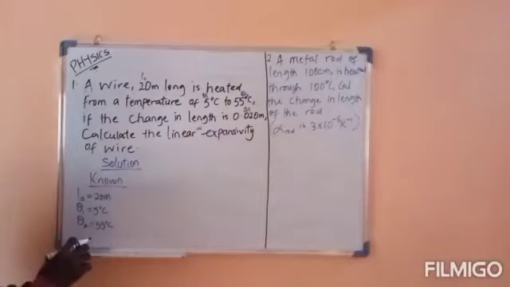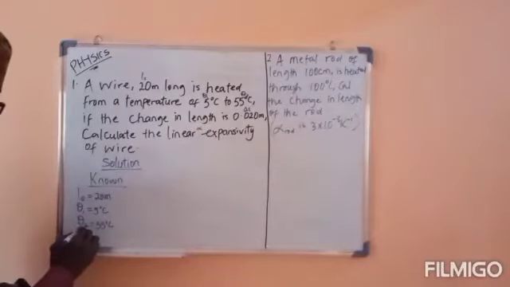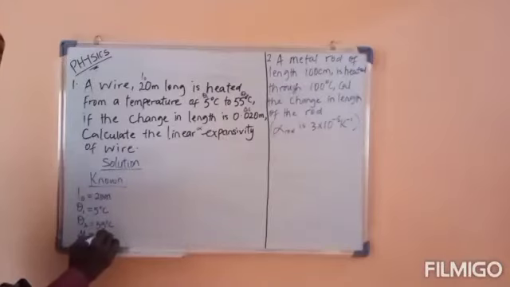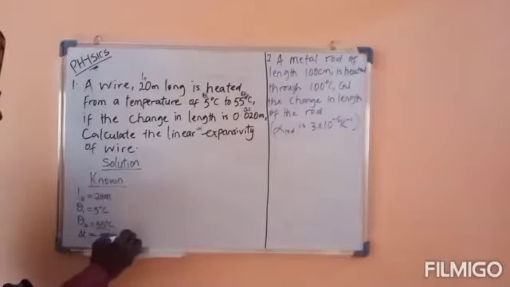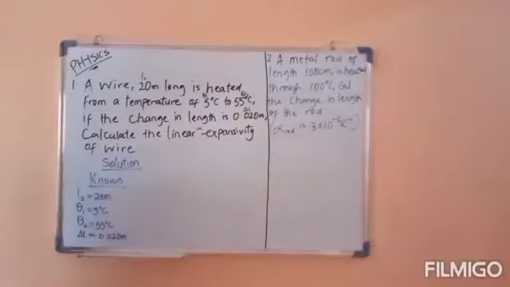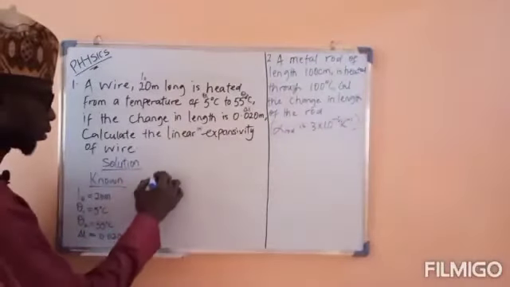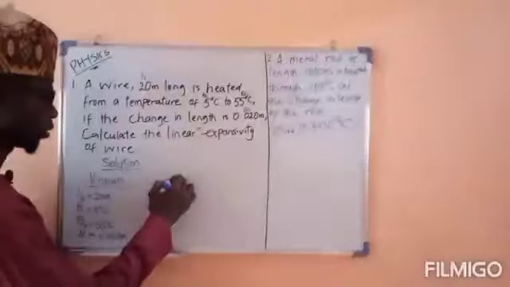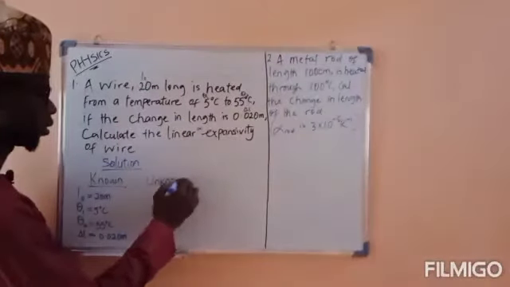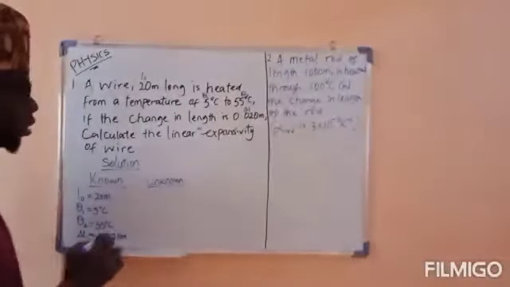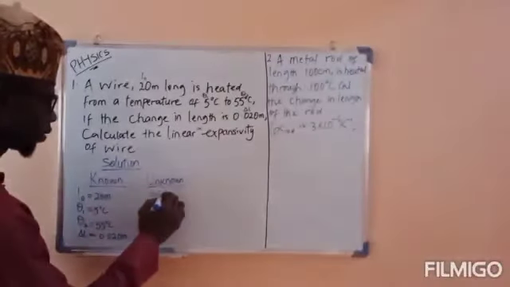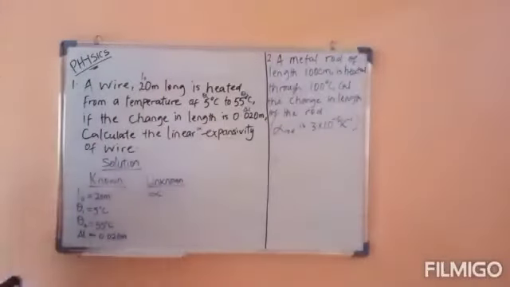Then, what else? Our change in length is 0.020 meters. Then what is the unknown? Unknown is nothing but linear expansivity. This is what we are looking for.